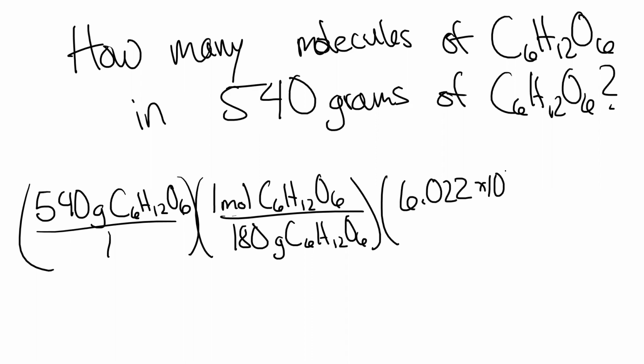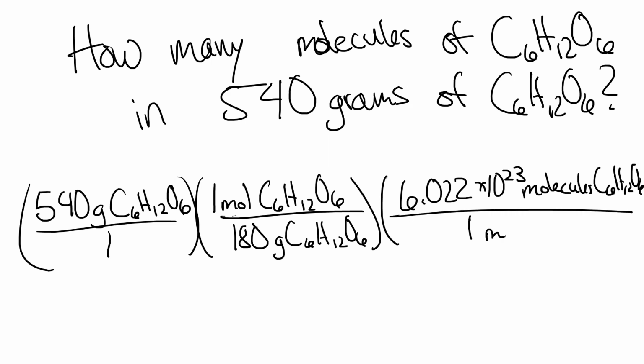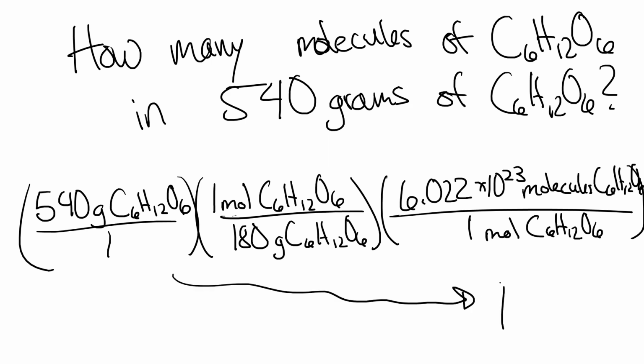6.022 times 10 to the 23rd. In this case, it's molecules of C6H12O6 over 1 mole of C6H12O6. Plug all of this into your calculator and get your answer.